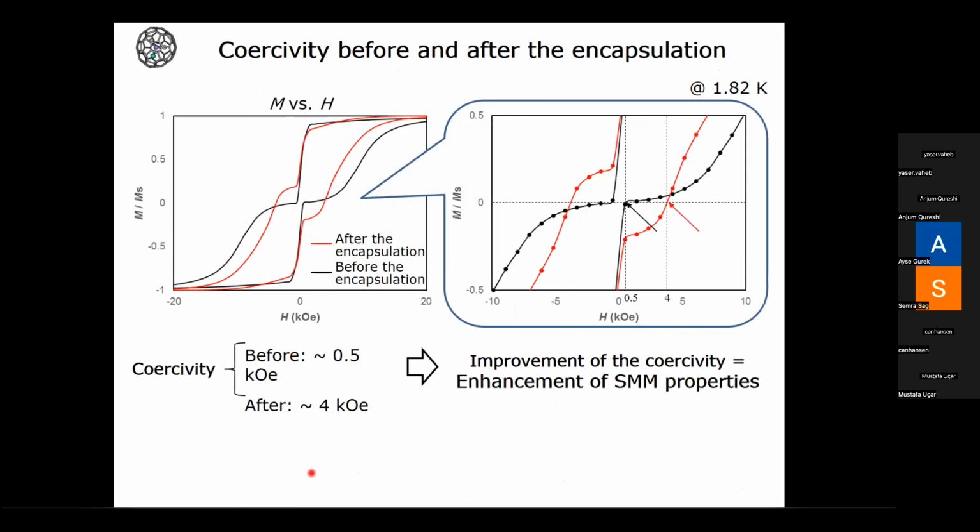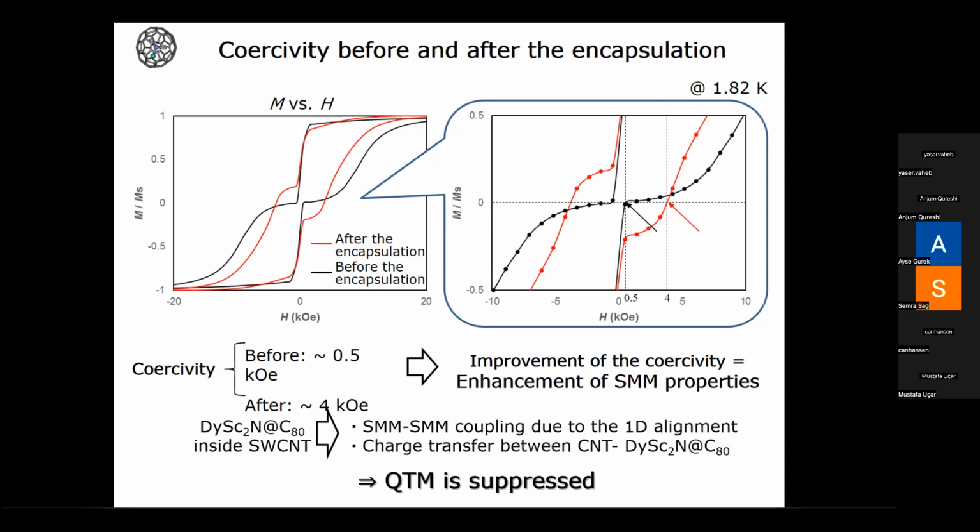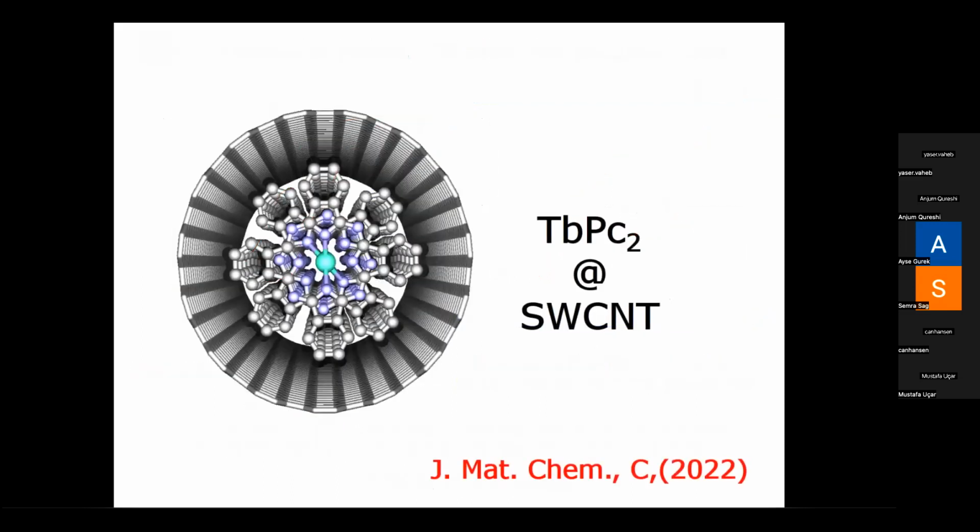Before encapsulation, coercivity is 0.5. After encapsulation, 4 kOe. One order increase after encapsulation. So this means that quantum tunneling is suppressed. The other single magnet is the terbium double-capital single magnet.